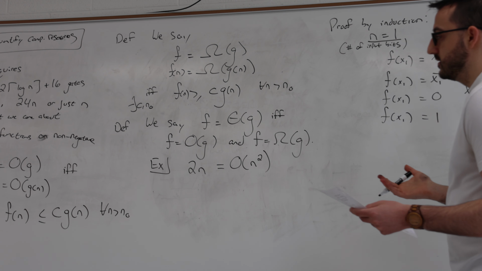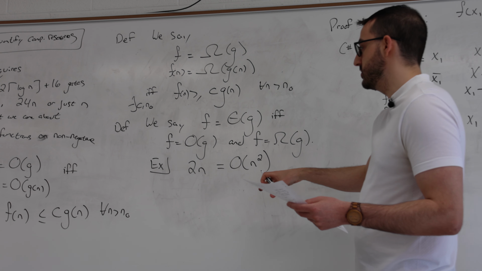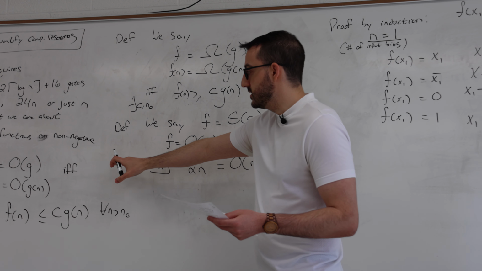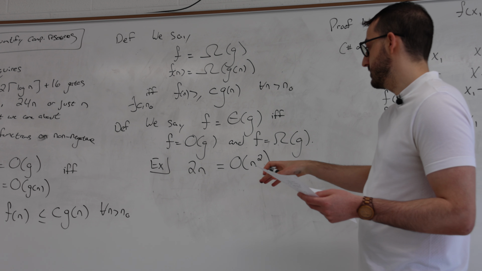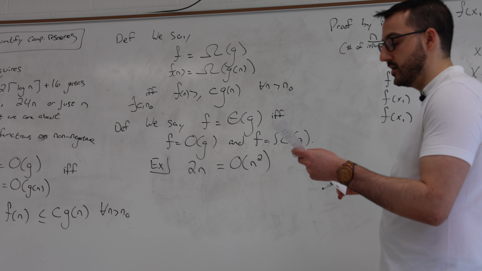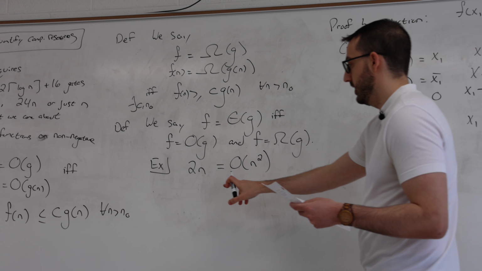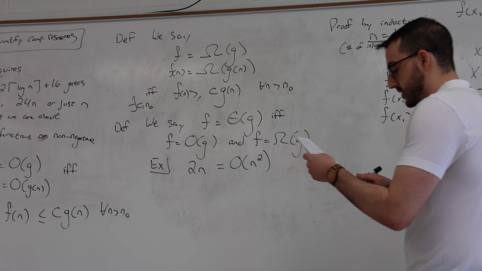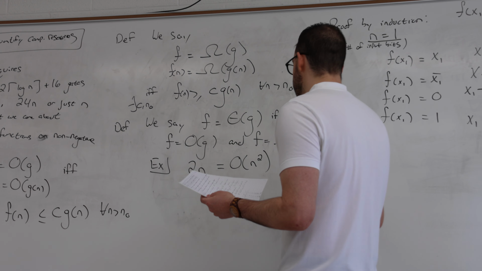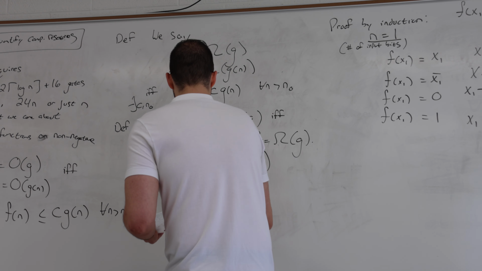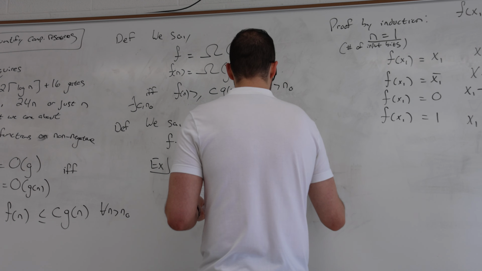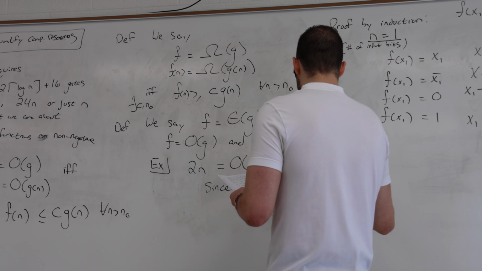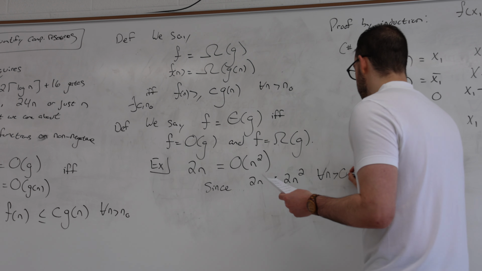Well, in order to demonstrate that this is true, I need to use the definition and find some constant c and some n0 such that 2n is less than or equal to c times n squared. Well, that will be true since 2n is less than or equal to 2n squared for all n greater than 0.